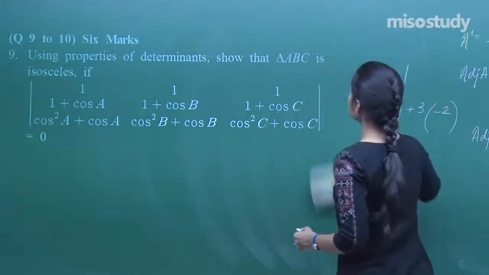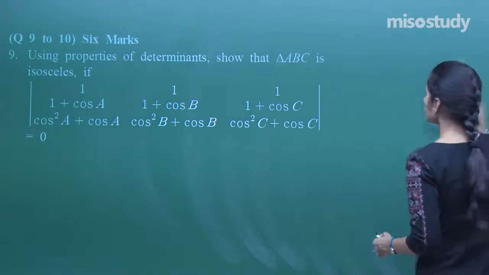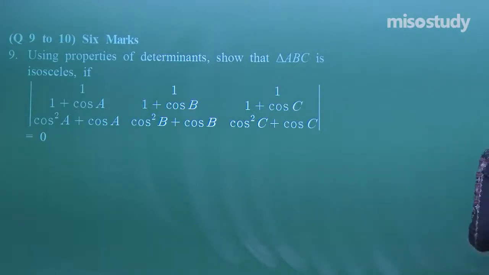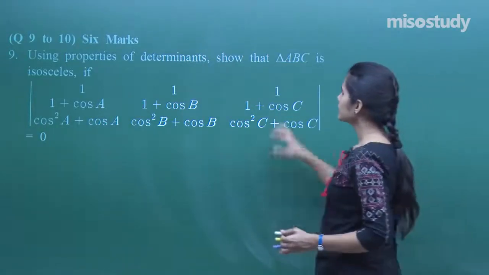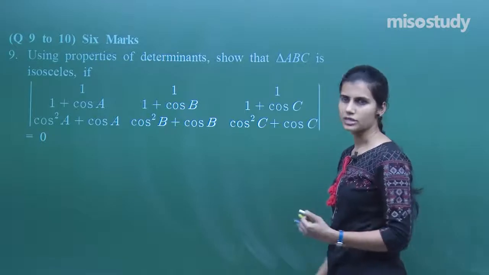that triangle ABC is an isosceles triangle if this particular determinant's value is 0. Let's just consider this determinant and see, by solving it, applying transformations, what are we able to eventually get regarding the angles of ABC or stuff like that.